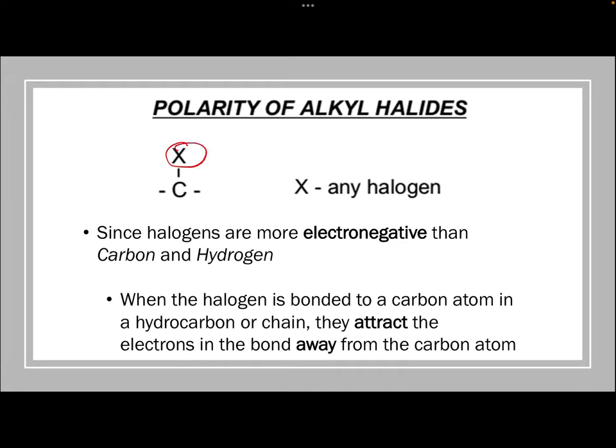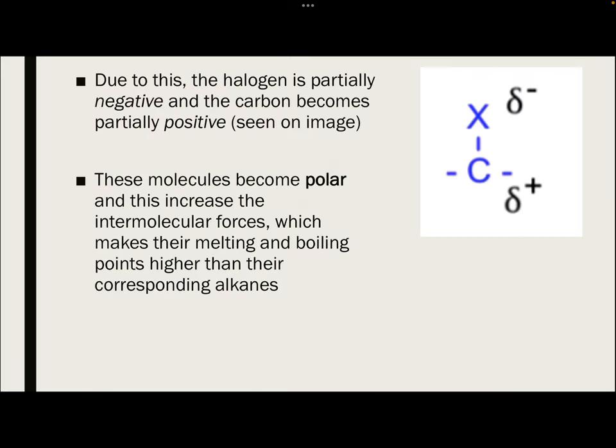Normally our carbon chain has something attached to it. That X in this situation is any halogen, so it can be chlorine, bromine, fluorine, iodine. All of that is part of our alkyl halides because it's attached to our carbon chain and it's more electronegative, and that's really important to remember.